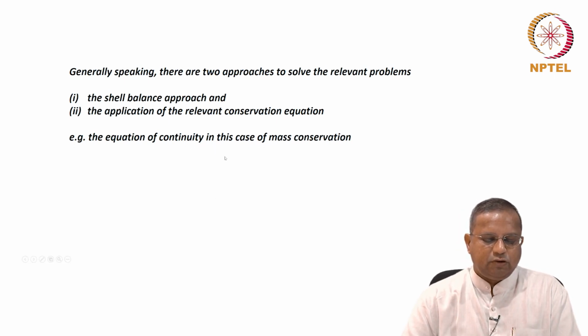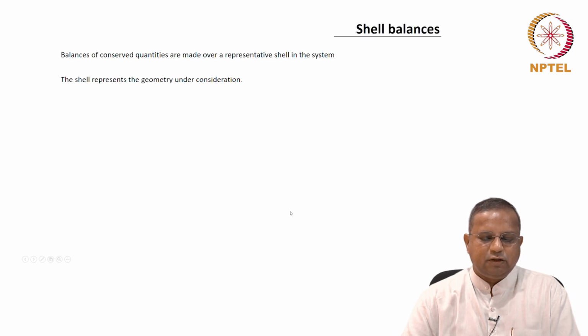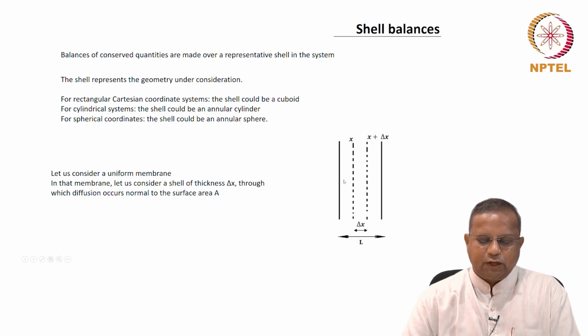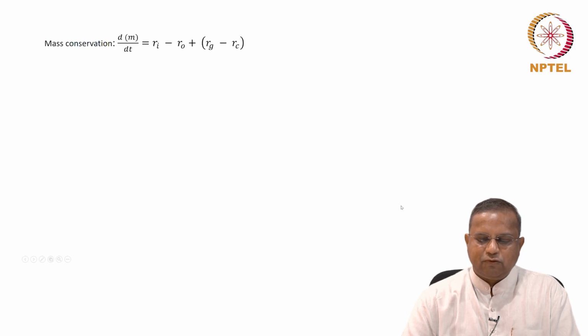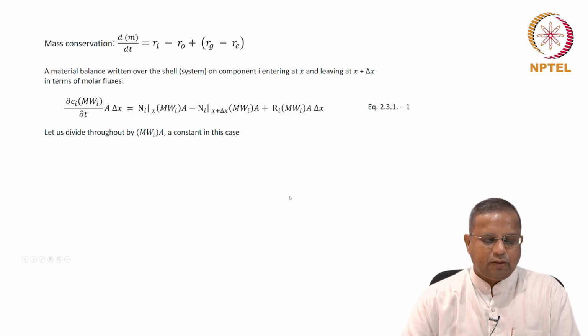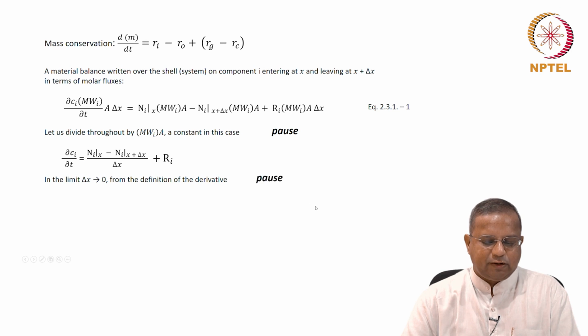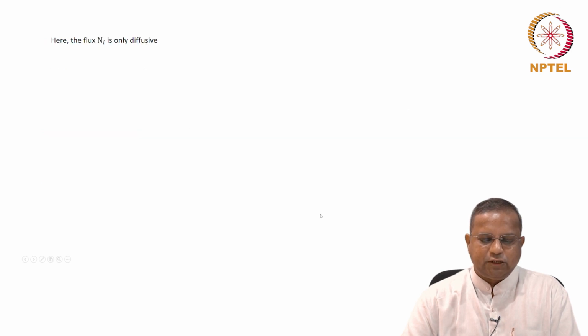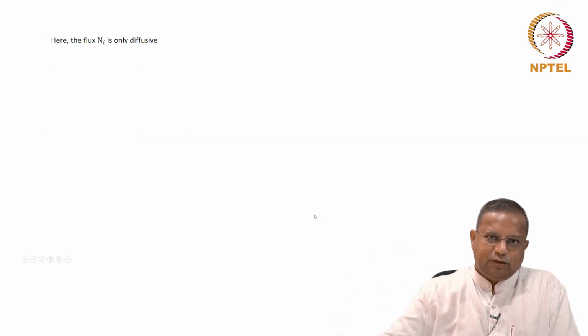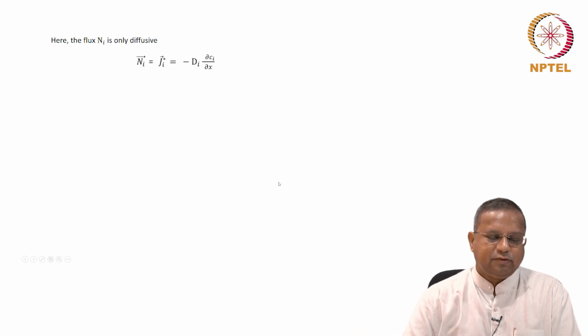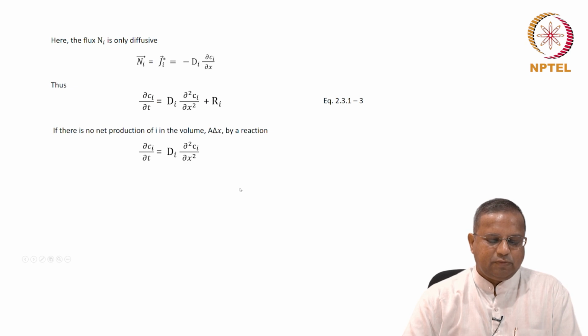Then the equation of continuity is what we get in the case of mass conservation. I showed you how to do shell balances for a uniform membrane. We chose a shell and then we wrote our balances over it to arrive at some very useful relationships for a membrane, which we used repeatedly. In fact, this relationship could have been used many times.